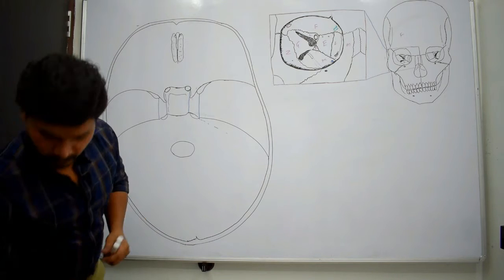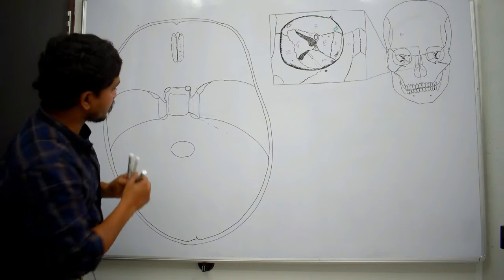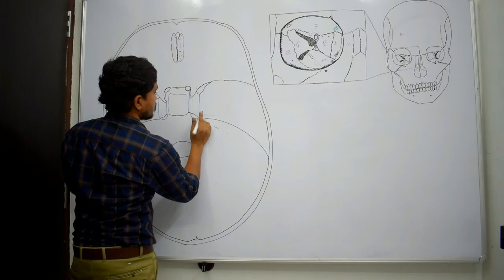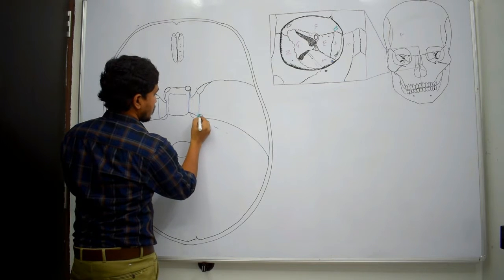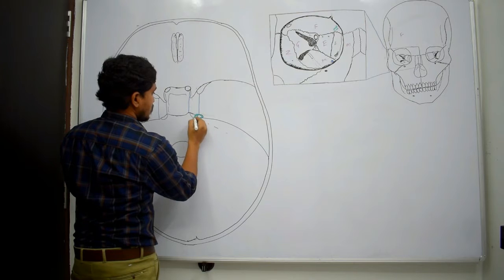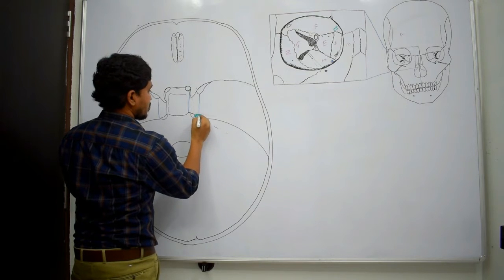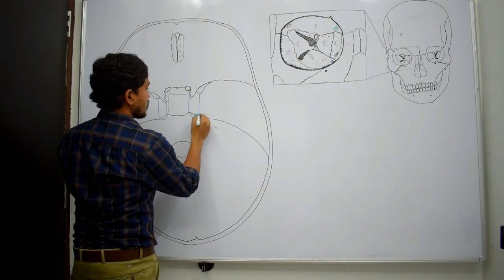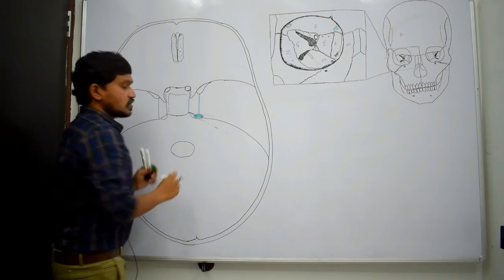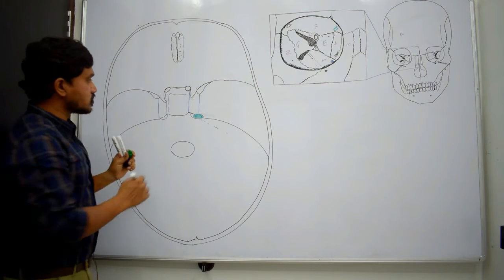Within the trigeminal cave, we can find a ganglion. What is that ganglion? The trigeminal ganglion. This trigeminal ganglion will give three branches. What are those?